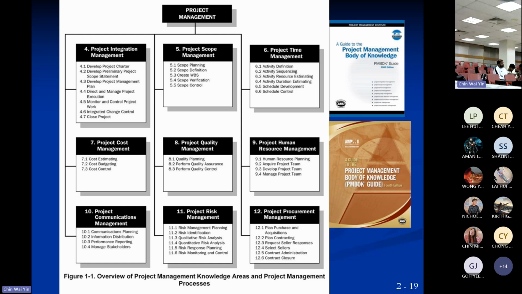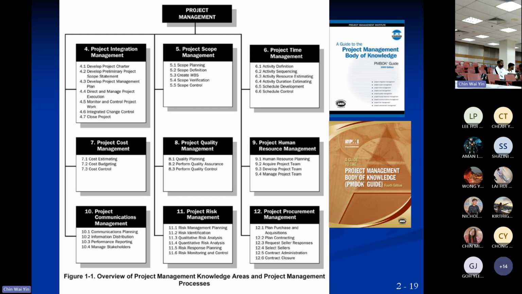That means a project has many working parts. You look at scope, it has time, you have to manage quality of the project, you have to manage human resource, you have to manage risk. Every project has risk. Does your group assignment have risk or not? Risk, what risk? Not submitting the work on time. Group members not doing their part.